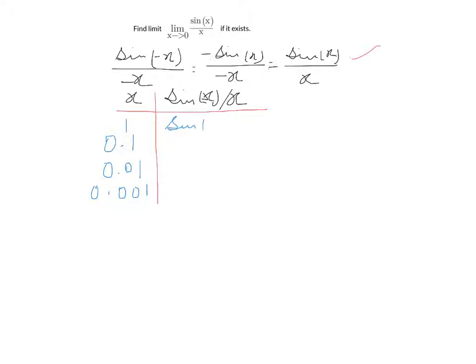sine of 1 over 1 when we substitute x equal to 1. These values can be evaluated using a graphing calculator or a scientific calculator, or software like Excel, GeoGebra, or straight from the Wolfram Alpha engine on the web. So this value is evaluated to 0.841471.